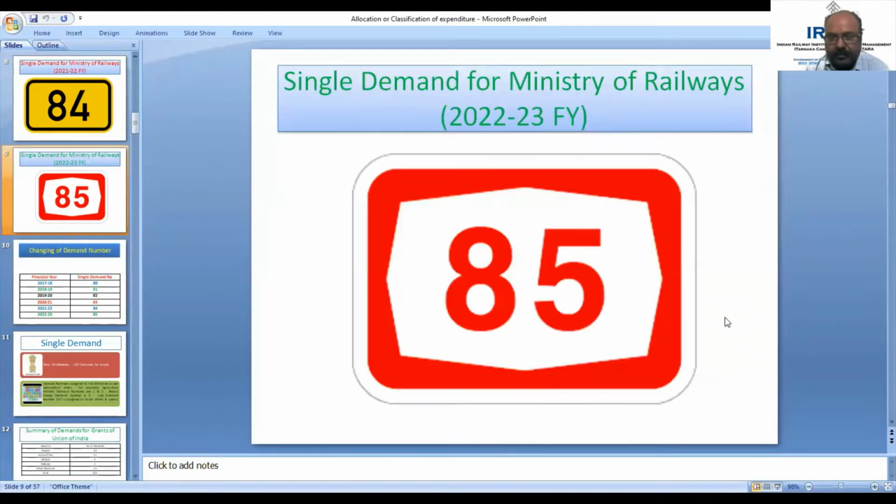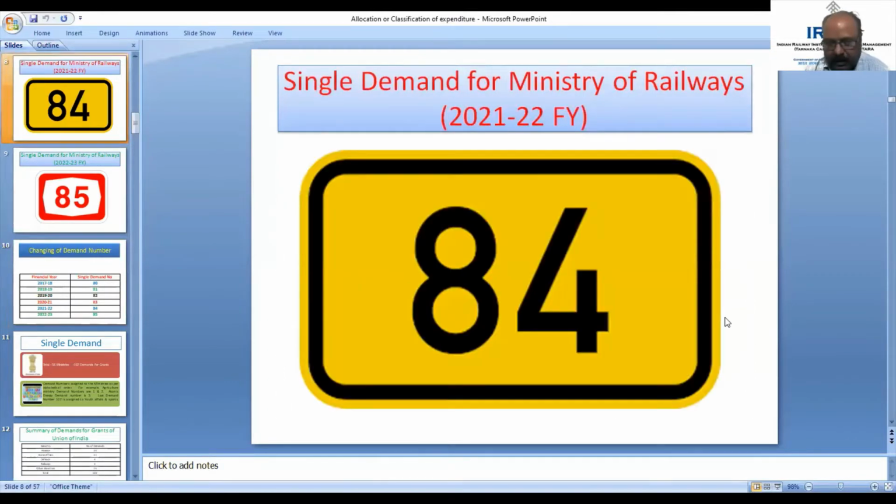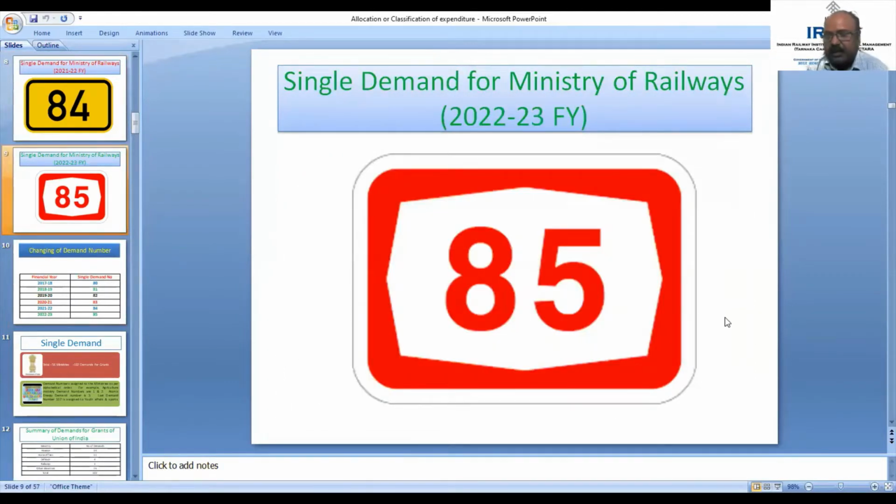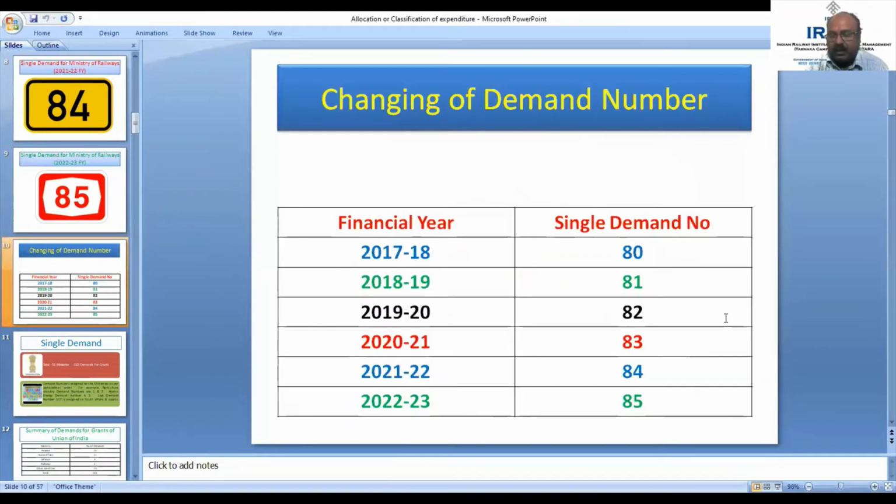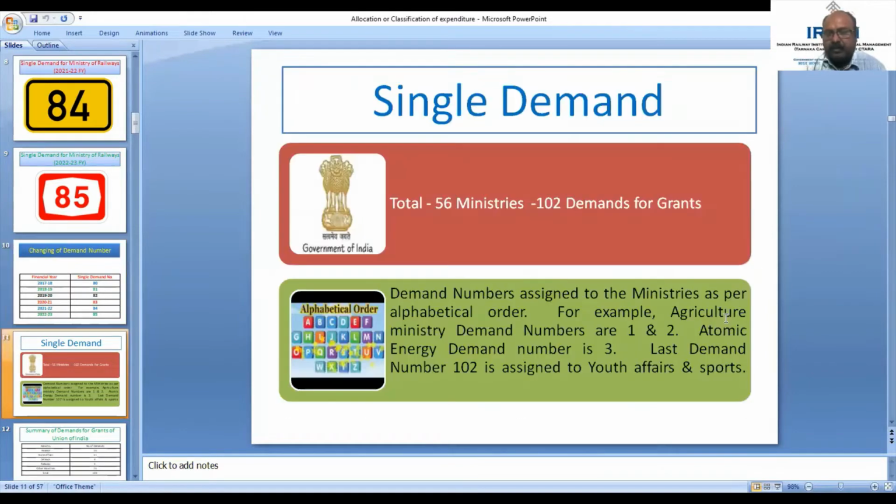So 84 is the current year and 85 is the next year. This is the year-wise demand number: 2017-18, 80; next year 2018-19, 81. Every year one demand number changes because of the inclusion of fresh or new departments in the union government, since the demand numbers are assigned by the Department of Expenditure, Ministry of Finance.